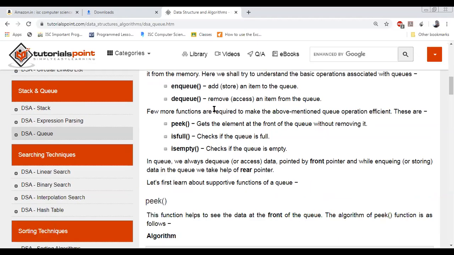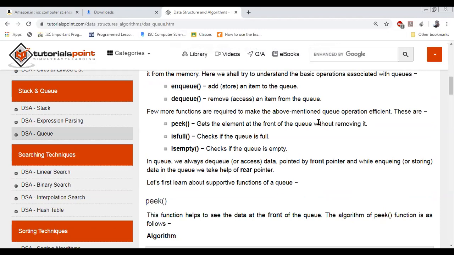Now, two types of conditions basically occur: one is full and one is empty. That is just like your linked list. If there is data in the queue, then the queue will occupy a certain amount of space, because otherwise an overflow situation will occur.